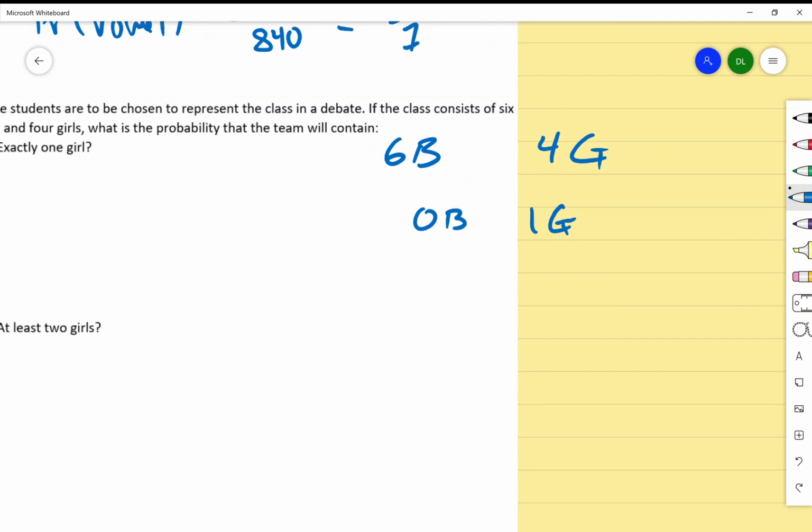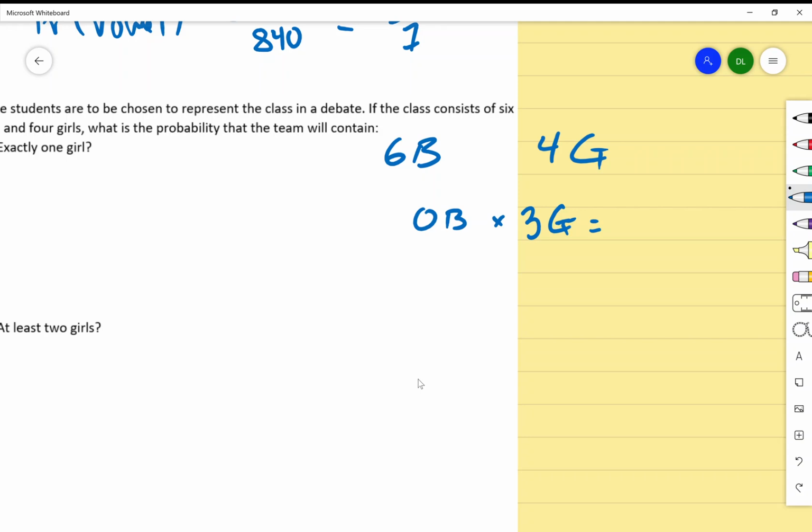Well, we know it's "and", so we use the multiplication principle. We multiply the values together. So to get 0 boys and 1 girl, so not 1 girl, my apologies, I mean 3 girls, because we're a total of 3 students.